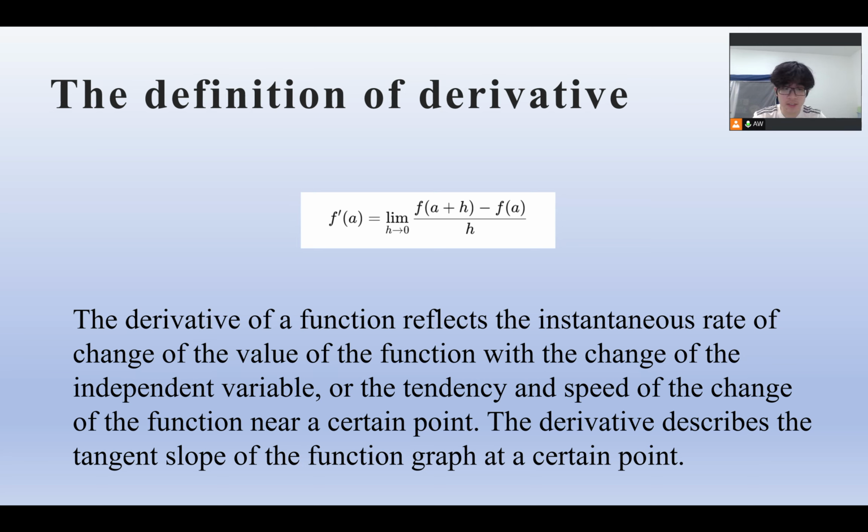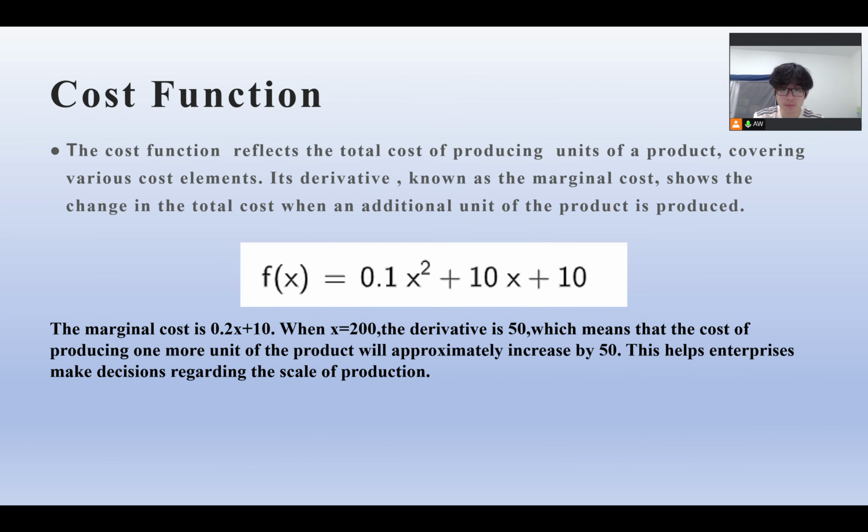The derivative describes the tangent slope of the function graph at a certain point. So you can see the formula: f'(a) equals f(a plus h) minus f(a) over h, when the limit of h approaches 0.